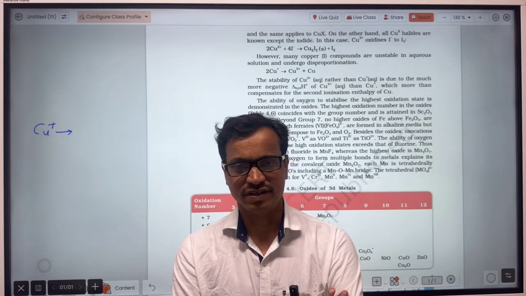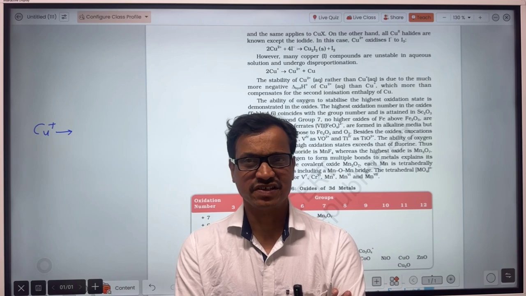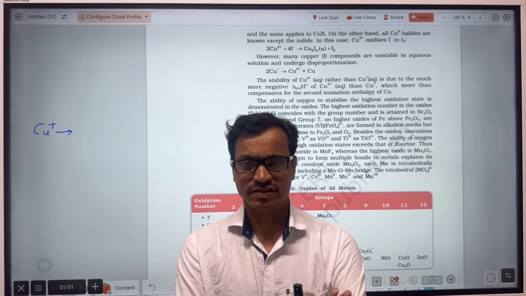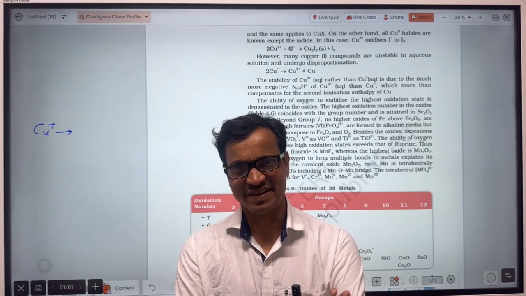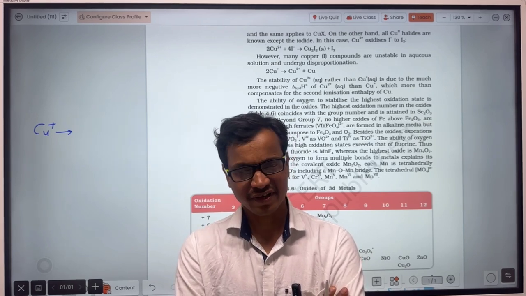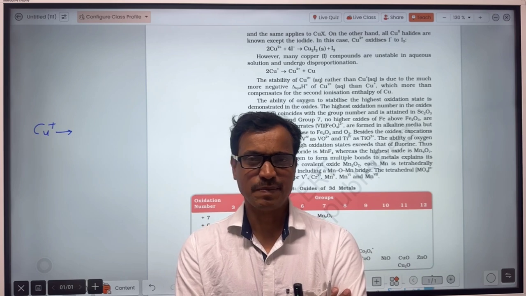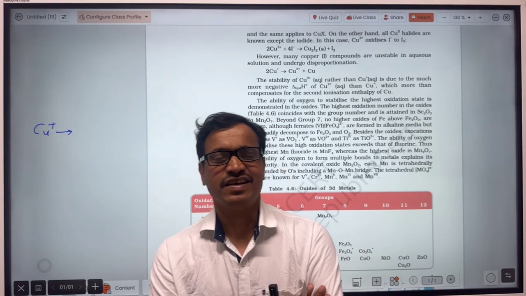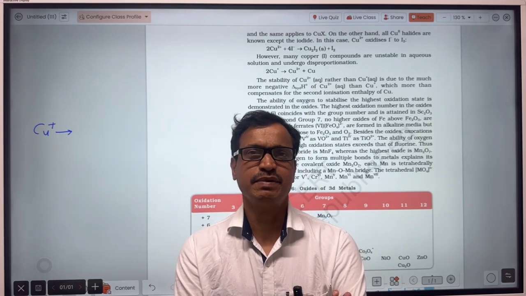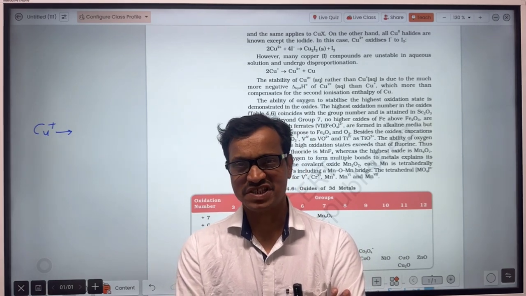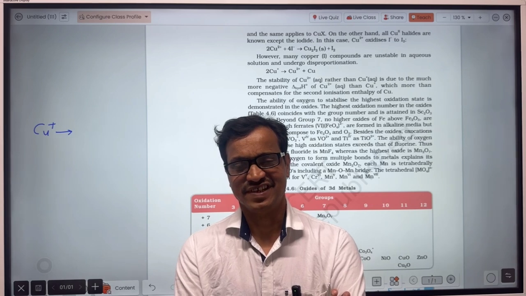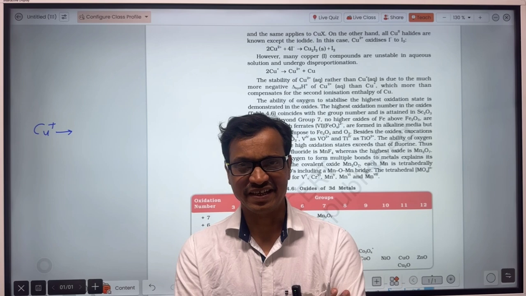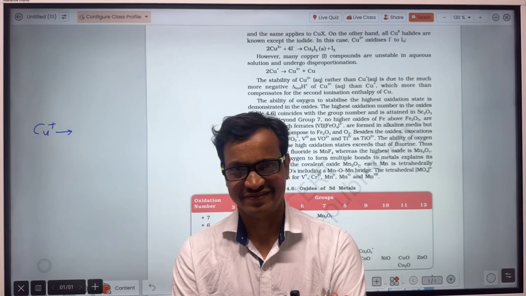Oxidation cannot take place without reduction, and reduction cannot take place without oxidation. So in any reaction, if there is oxidation, then there must be reduction, and they take place simultaneously.